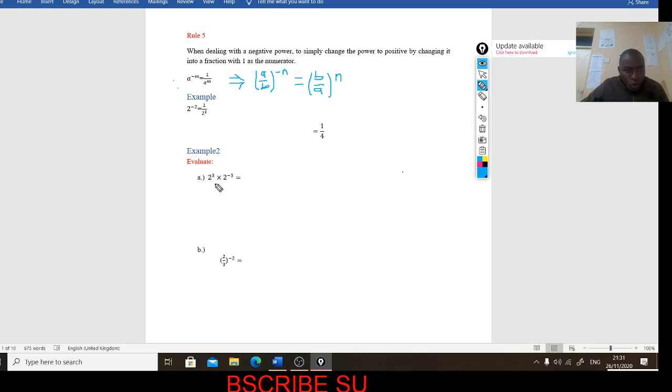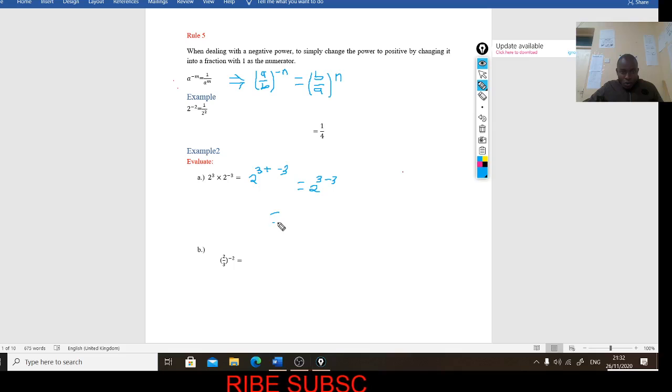If you are given 2 cubed times 2 power negative 3, from the laws of multiplication we take the base to be 2, then we add the powers, which is 3 plus negative 3. That is 2 raised to power 3 minus 3, because negative times positive is negative.